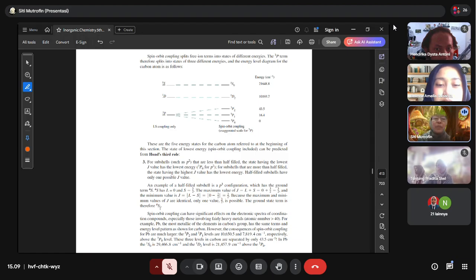So, try to digest one more. What does the third law mean, Belinda? Read carefully and then try to translate into Indonesian.